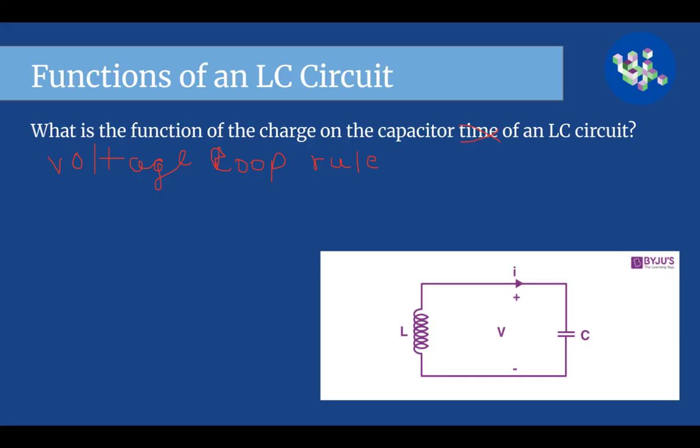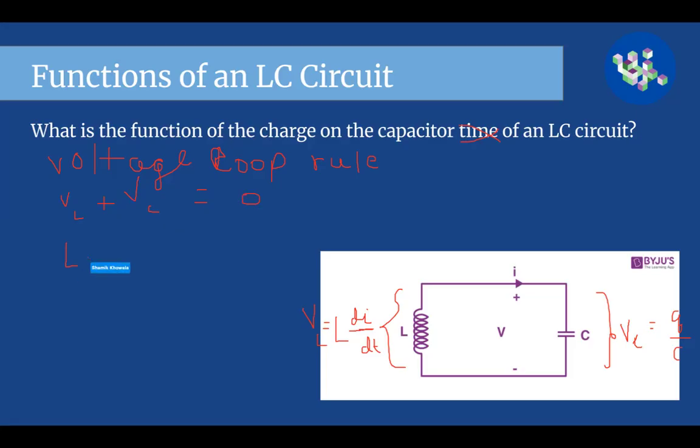So remember that the voltage across an inductor is L di/dt, and the voltage across the capacitor is Q over C. So by the voltage loop rule, VL plus VC equals 0.